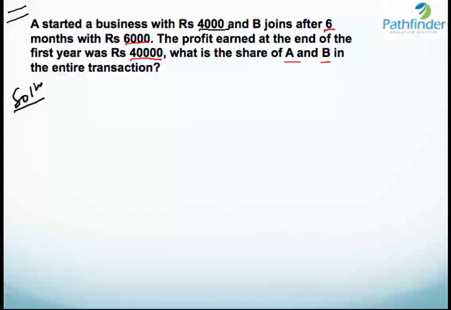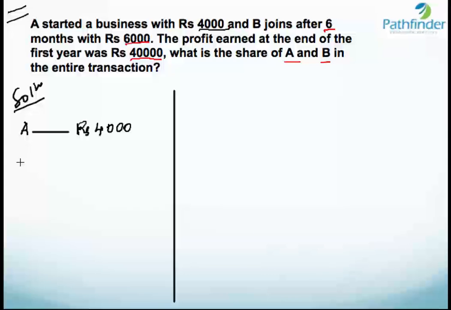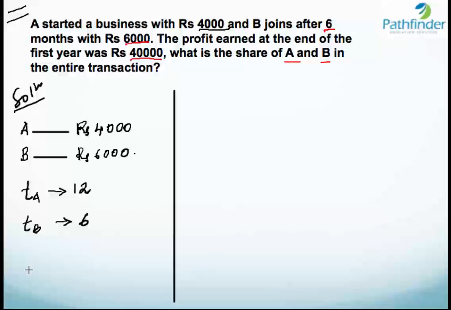So in this question, the information provided to us is that A starts the business with rupees 4000 and after 6 months B joins with rupees 6000. So the time period of A, the time for which A has been in business, can be taken as 12 months, while the time for which B has been in business is only 6 months.